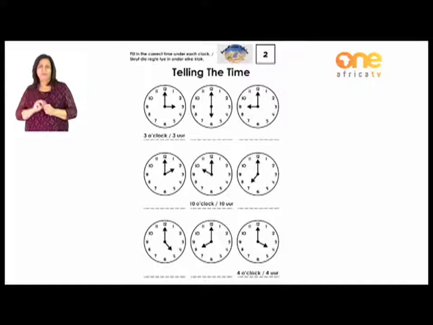So our time is 3 o'clock. And that answer has been completed for you. Now I would like you to complete the rest of the clocks by writing in the time.